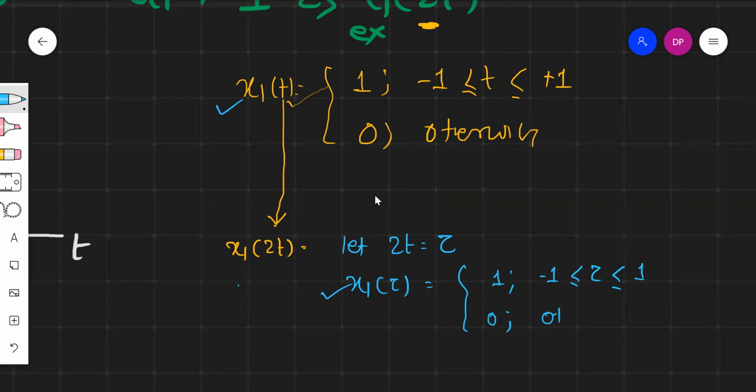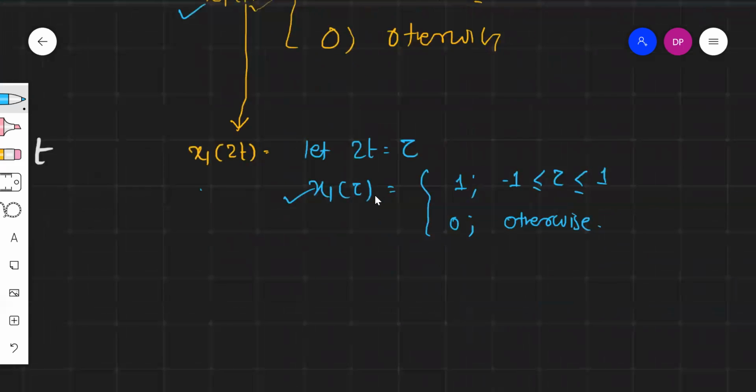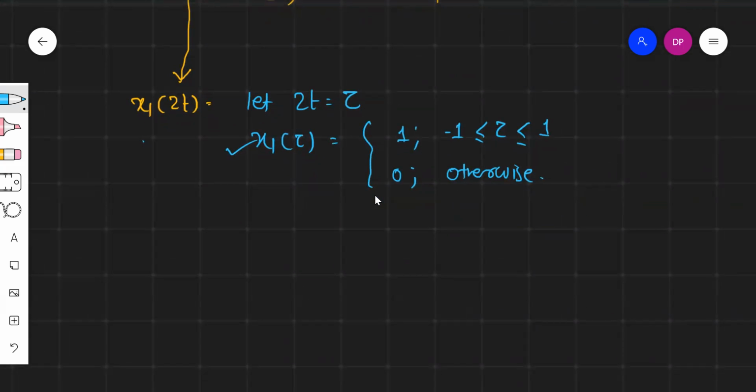So the mathematical expression can be stated as x1 of tau is equal to 1 when tau lies between -1 to 1. What is the value of tau? 2t. So replacing tau by 2t, x1 of 2t is 1 for 2t lying between -1 to 1, and 0 otherwise.